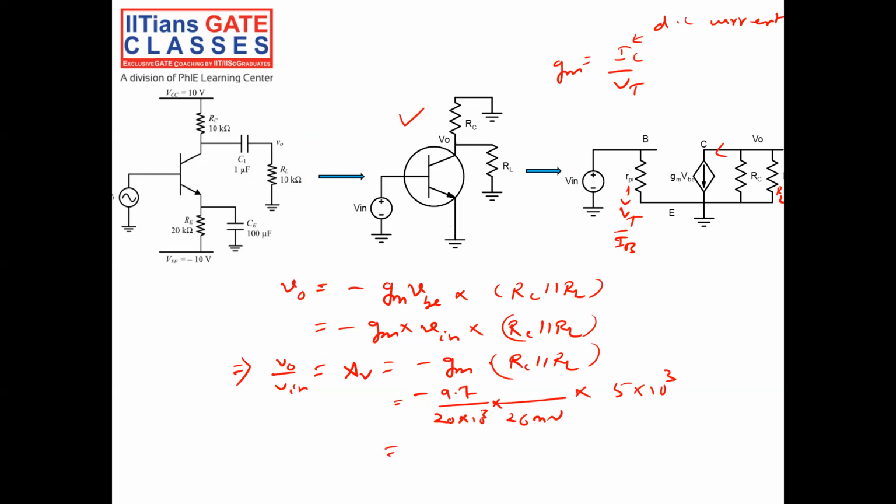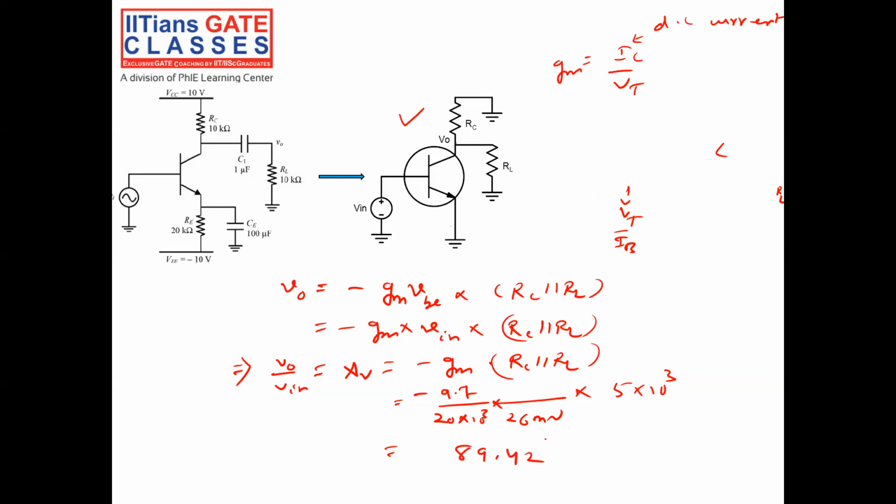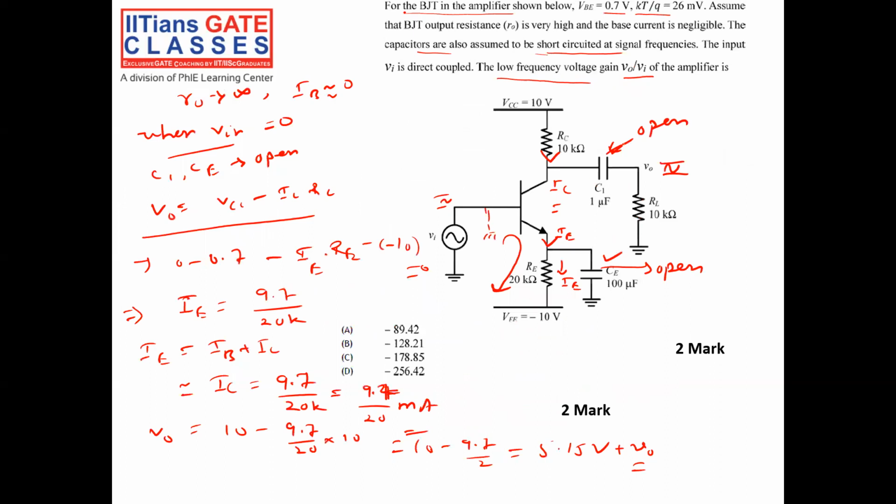You put all these values, and how much will you get here? Put it in the calculator, and you will get approximately 89.42. Okay. So the gain is 89.42.